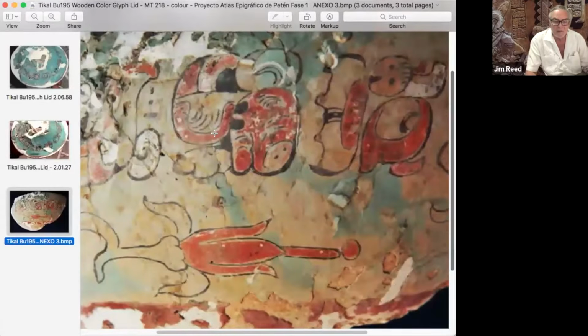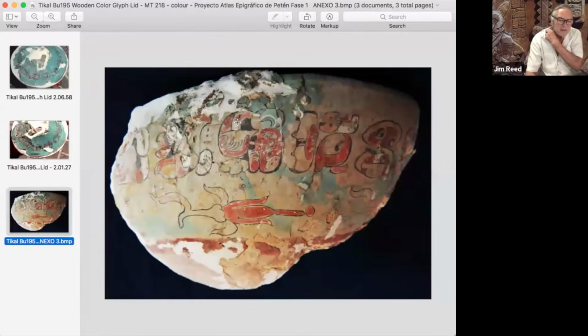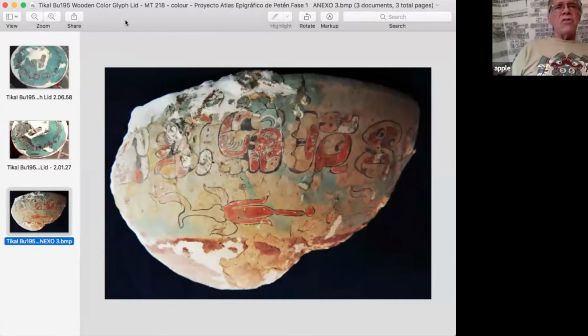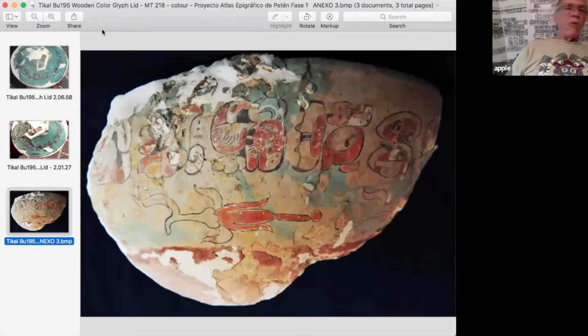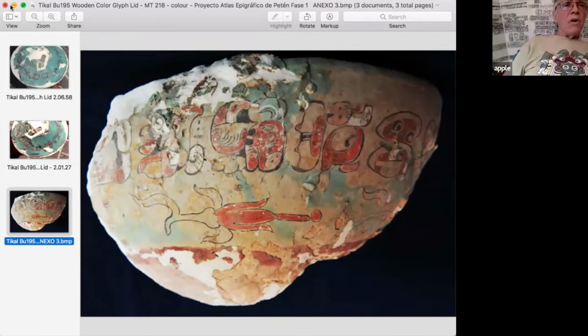I don't know how to make this fill the screen. My sincere apologies. I'm just going to close this. Can you see this window? It's the same.